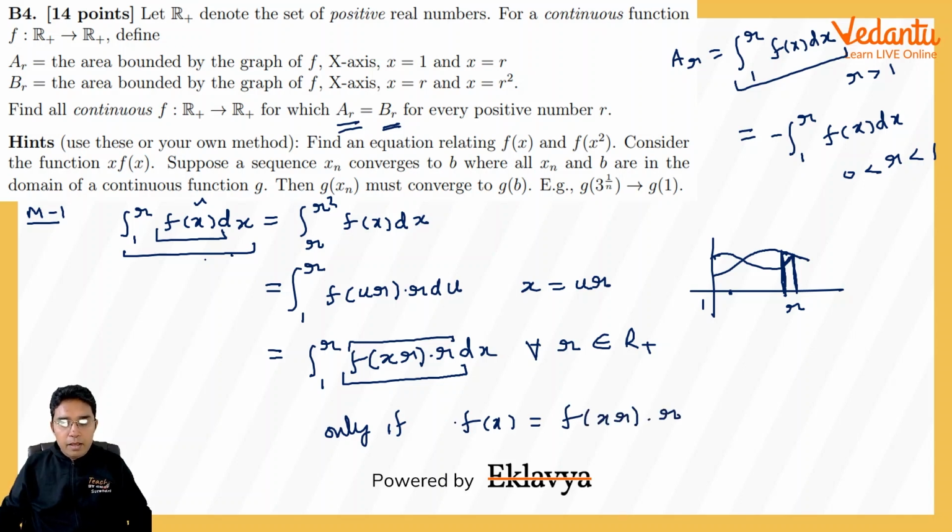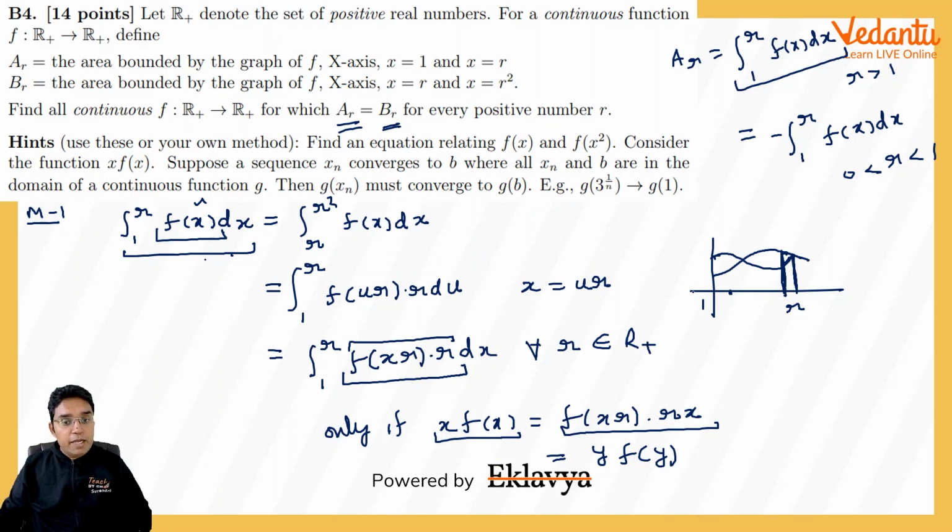Now I will multiply both sides by x, and you can check that x into f(x) is actually becoming rx into f(xr). If you take rx as y, this is actually becoming y into f(y). Now r is any positive number, because they are saying for every positive number.